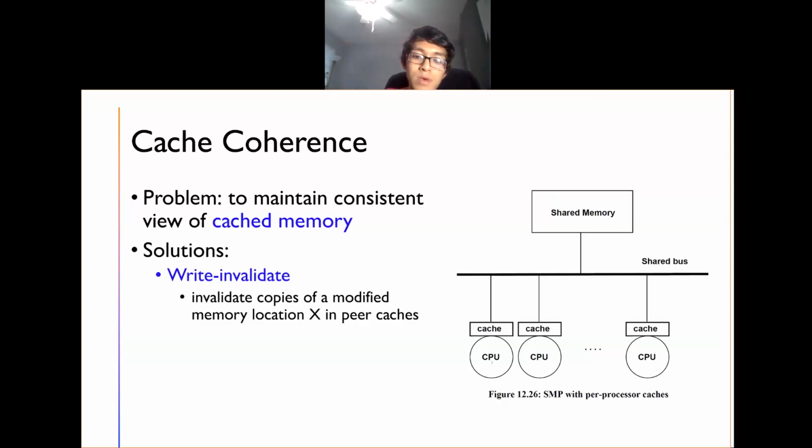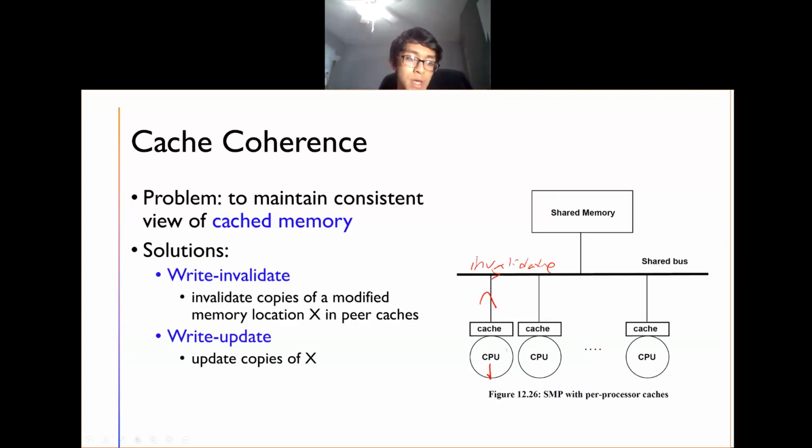So say, for example, CPU 1 is changing the value in X to another value. It writes to X. So it will send an invalidate signal to all of the other CPUs, telling them to invalidate the entry for X in their own caches.